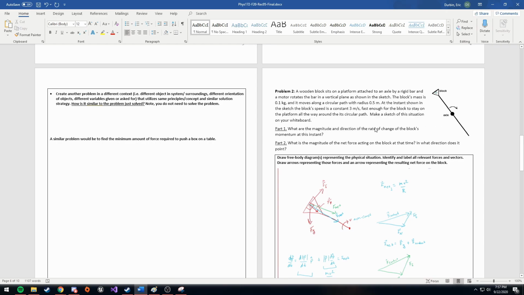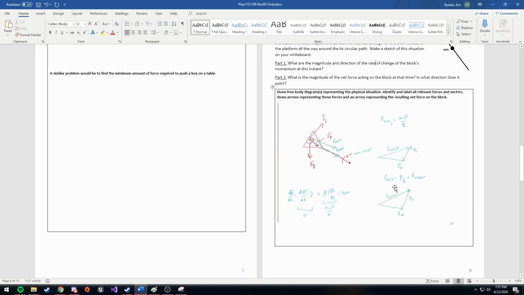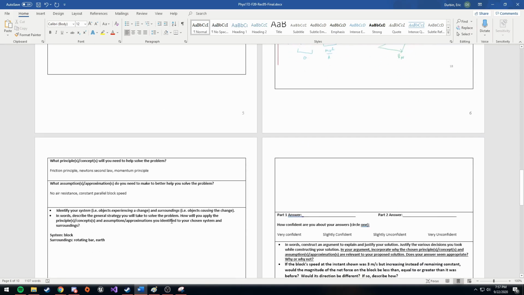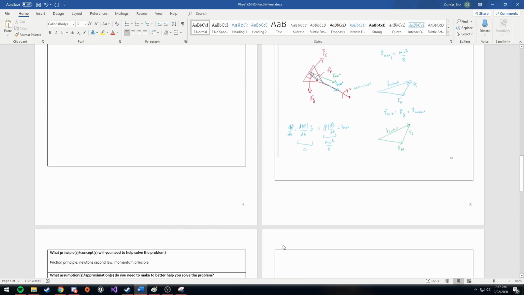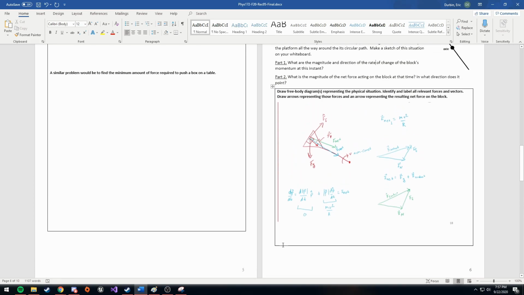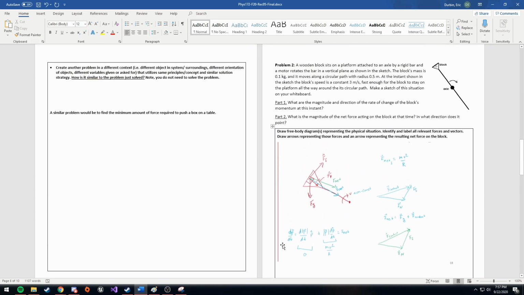So perpendicular, and that is equal to mv squared over r. Oh, look at that. Okay, r is 0.5.